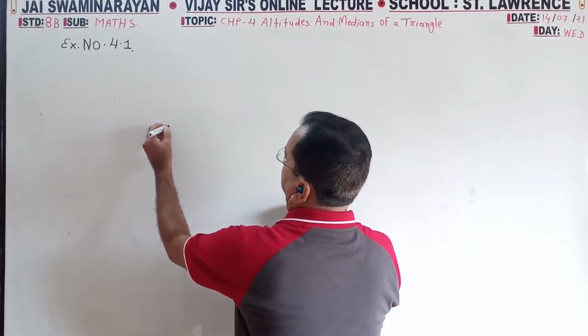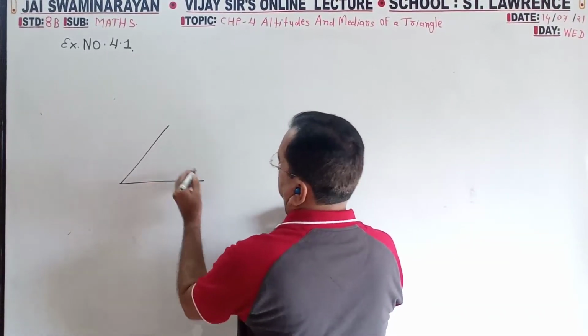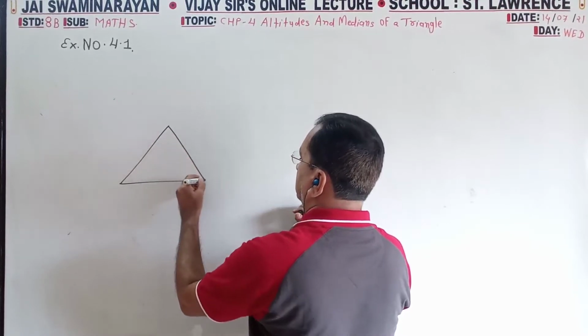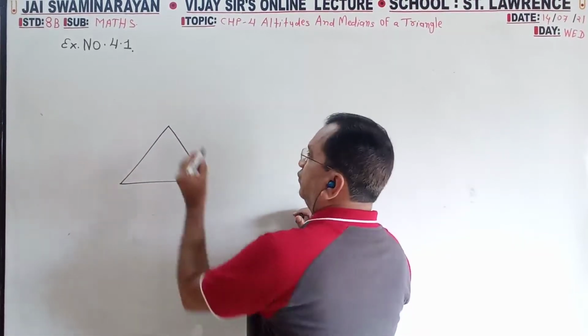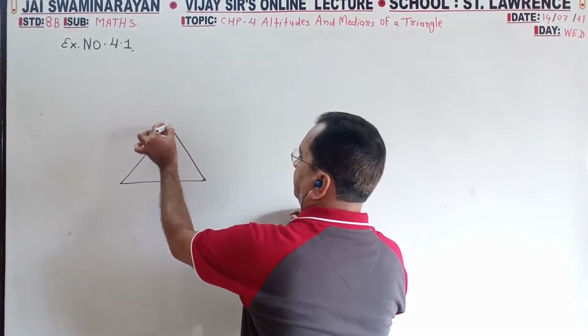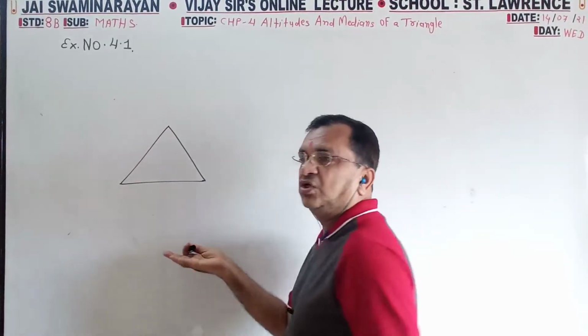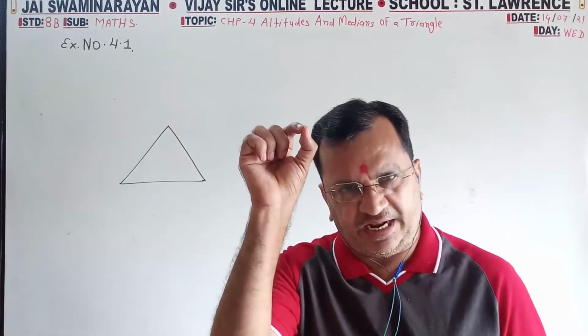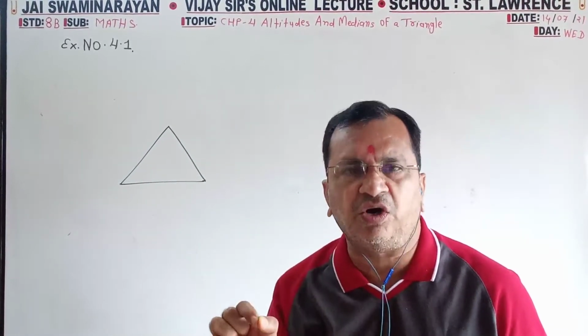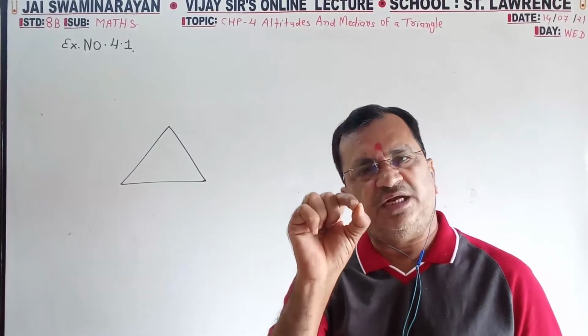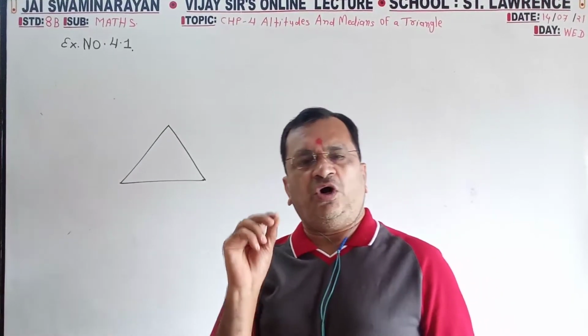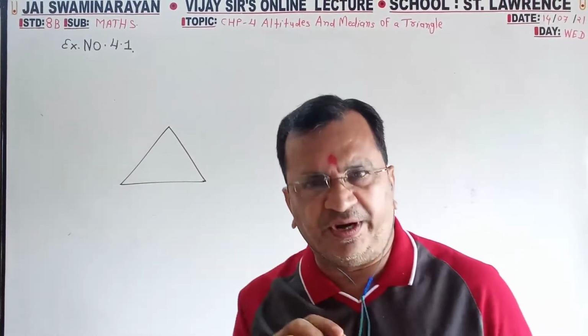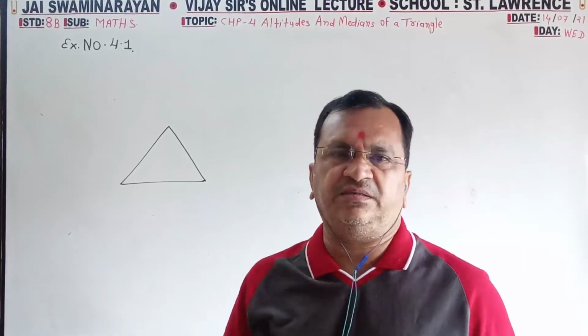If a triangle is drawn, from a vertex a perpendicular drawn on the opposite side is an altitude. All three altitudes from all 3 points will pass through one point.